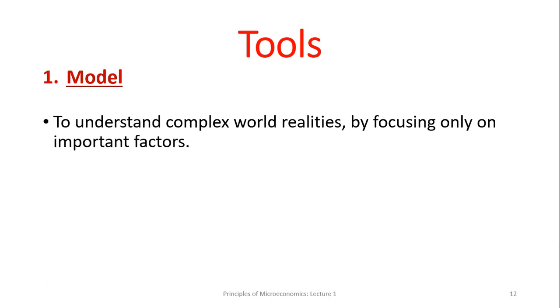However, studying everything at a single time is very difficult. Therefore, economists use models to understand complex world realities. To construct a model, they focus on just the important ingredients and leave out all unimportant or insignificant factors.